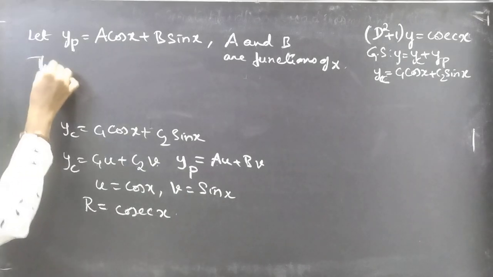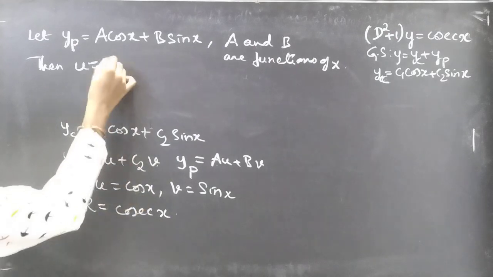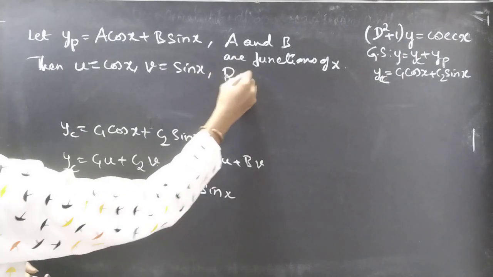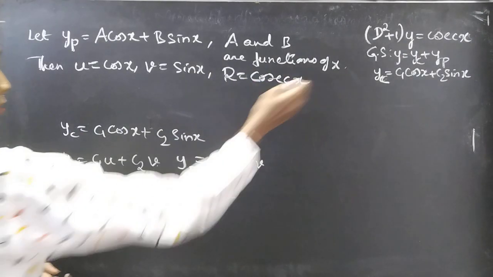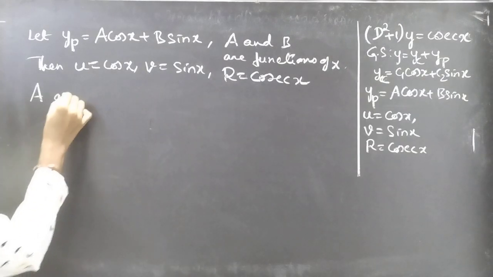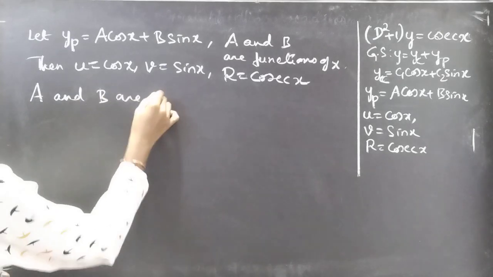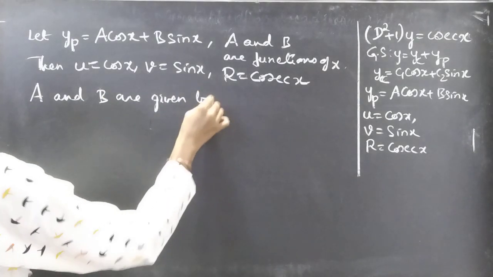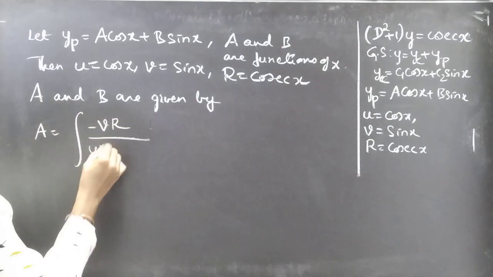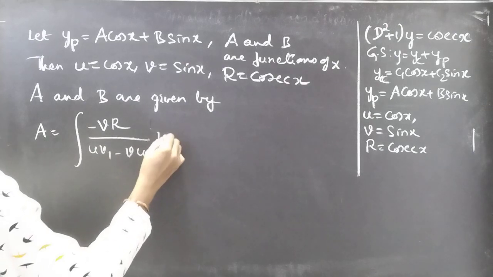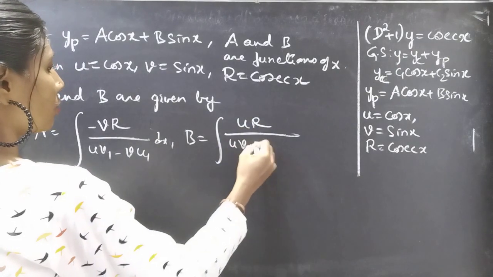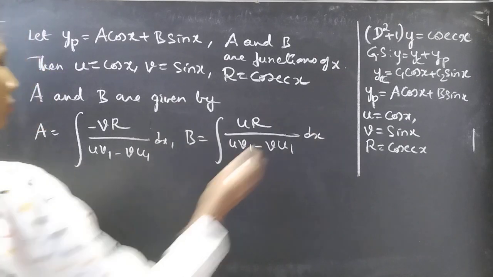Then u equal to cos x, v equal to sin x, and r equal to cosecant x. A and b are given by a equal to integral of minus v r by (u v1 minus v u1) into dx, and b equal to integral of u r by (u v1 minus v u1) into dx, right?